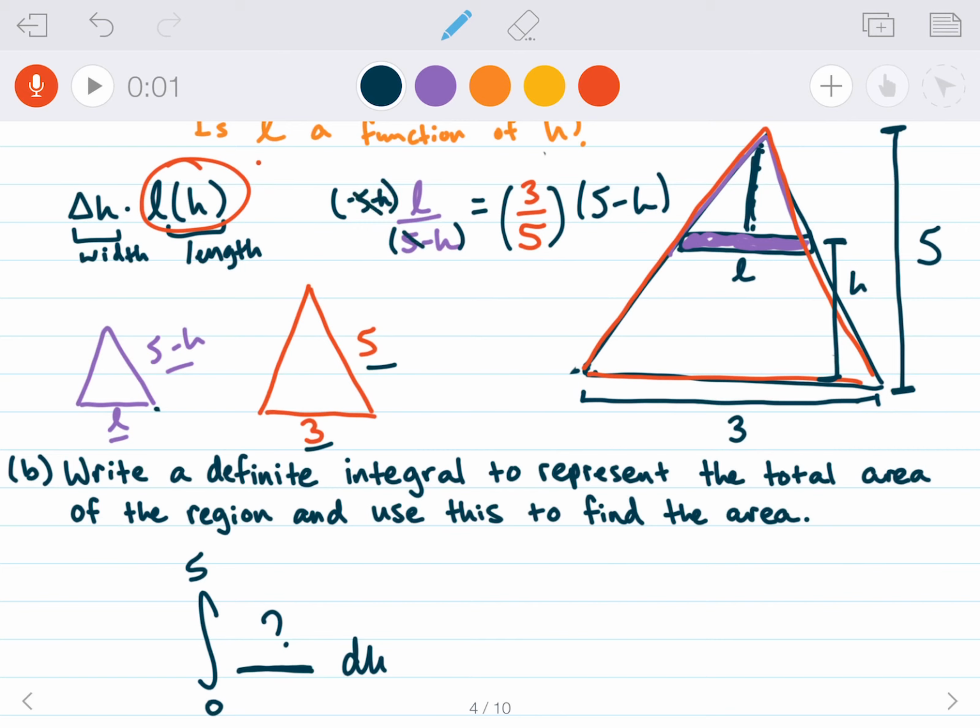The relationship is, therefore, L is equal to 3/5 times (5 minus h). All right, so this is a key idea in this section. That length and height are related in this way. And now what's cool, you guys, is that we can set up our integral. This is so cool. I think it is, at least.